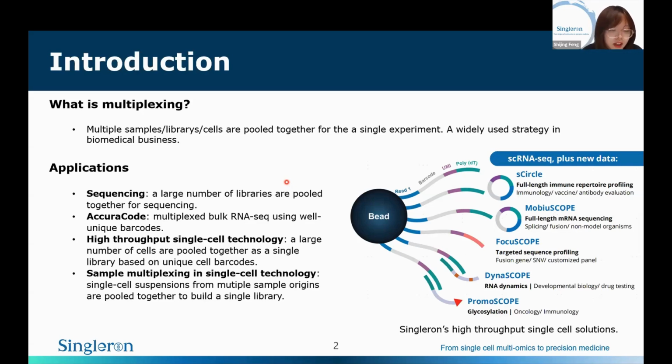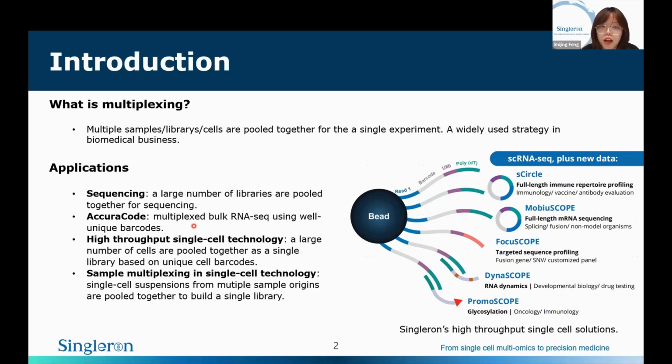For bulk RNA-seq, we usually treat the samples individually to have individual libraries. Syncron uses the technique of multiplexing in a new product called Accurate Code. For example, we have a 96-well plate, so we can treat 96 samples on the plate at the same time.